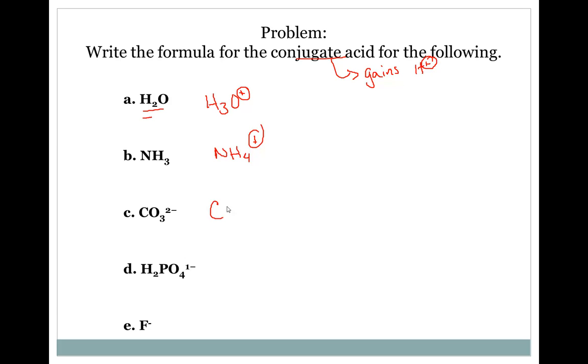CO3 instead will be HCO3. Instead of -2, we add 1 to make it a -1. H2PO4 becomes H3PO4. It's a -1, and we're adding another 1 to cancel it out. And then F becomes HF, a -1, plus 1 from the hydrogen makes it cancel out as well.